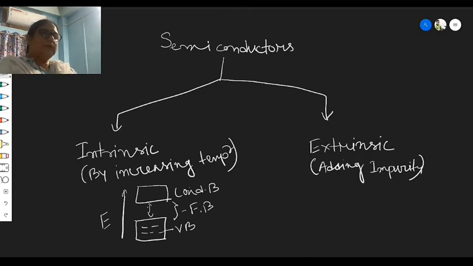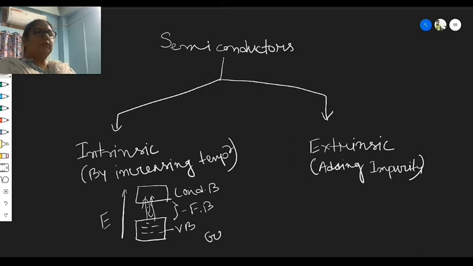When we increase the temperature, the thermal energy of the electrons present in the valence band increases, and it can jump from the valence band to the conduction band, but not all. That means for some electrons the energy becomes sufficient to overcome this gap and they jump from valence band to conduction band.